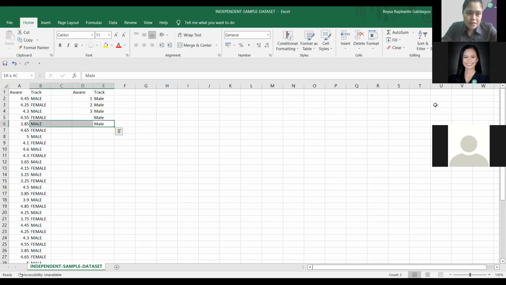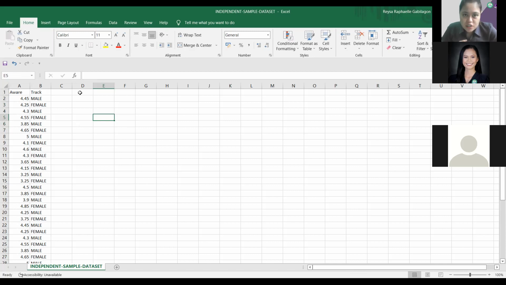Dito mahihirapan si Excel kasi kung titingnan ninyo, naka-alternate: male, female, male, female, and so on. So, si JASP lang talaga ang may kakayahan na mag-analyze ng ganitong pagka-encode ng data. Okay, so be careful also with the encoding.